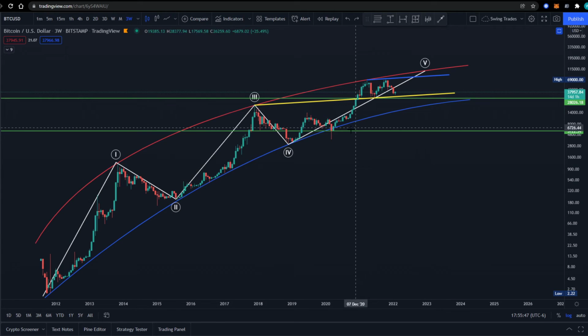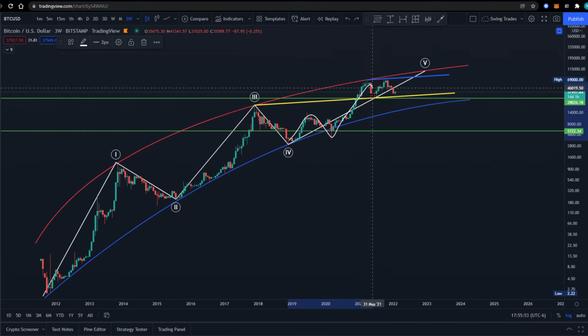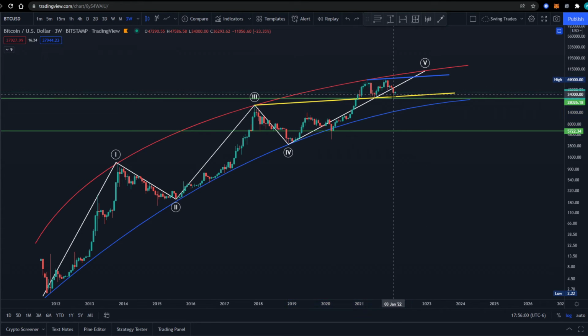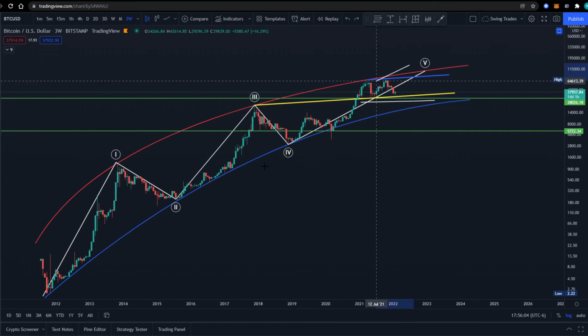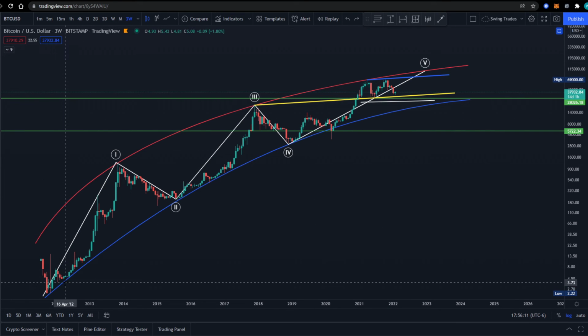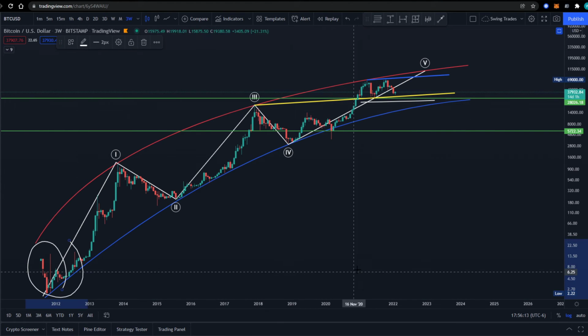Not even how it would really look, but we do have this wave coming, we got 1, 2, 3, and this is all wave 4 and then 5. This could just be a corrective wave inside of this larger wave of wave 5 within this 5-wave structure that started at the very beginning of Bitcoin's inception.